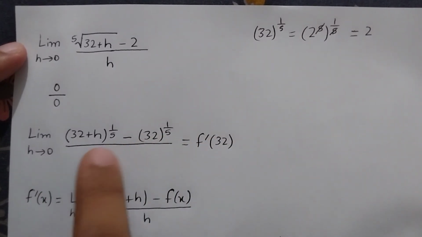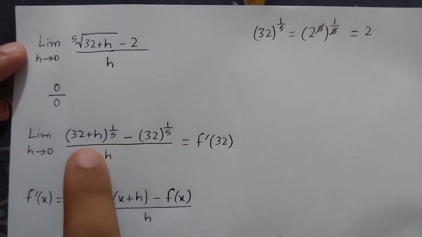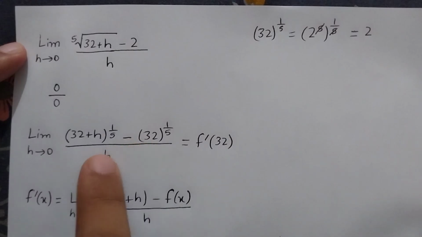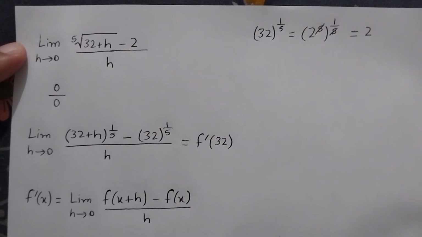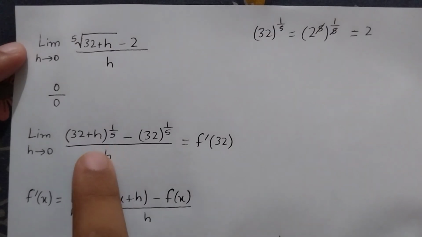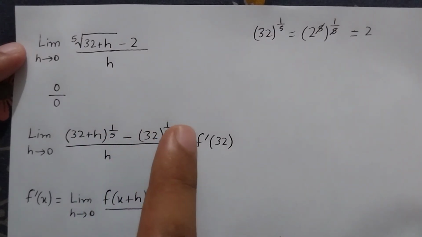Firstly, we can see that the function here is x raised to power 1 by 5. We are just taking the fifth root of the input, no matter what the input is. If the input is 32 plus h, we take the fifth root; if the input is 32, we also take the fifth root. So the function f of x is simply x raised to power 1 by 5.